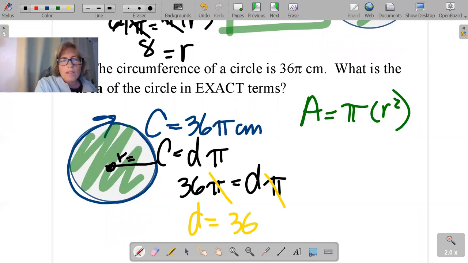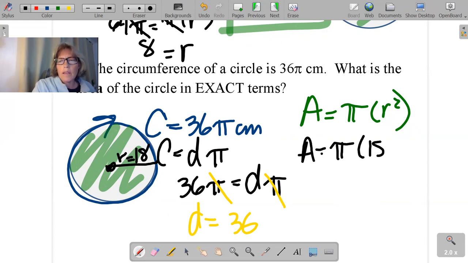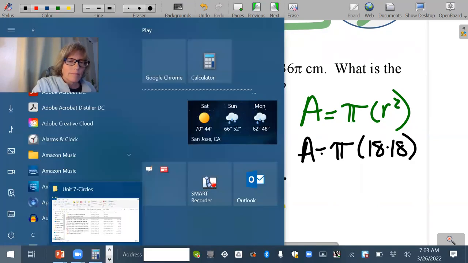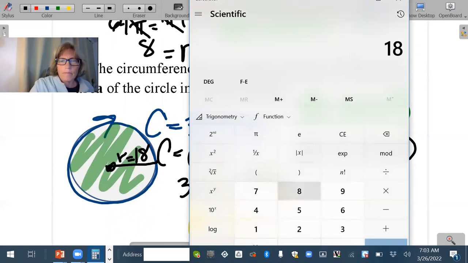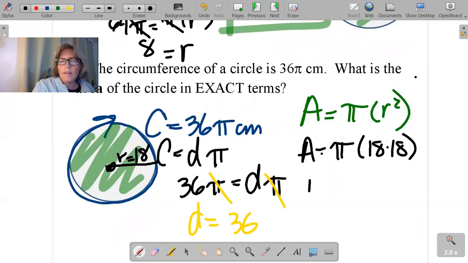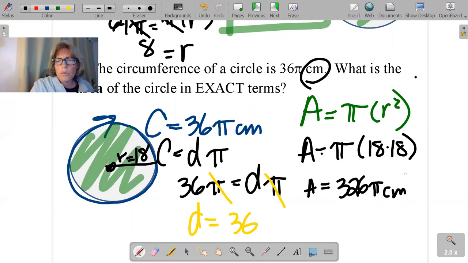That means our radius is half of 36, which is 18. So our area equals pi times 18 times 18, and it's 324. Area equals 324 pi, and units, centimeters squared. Correct your work.